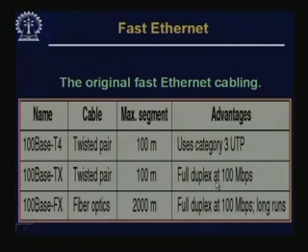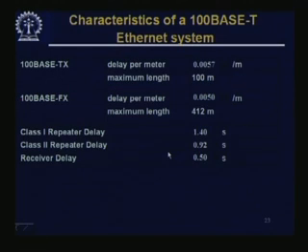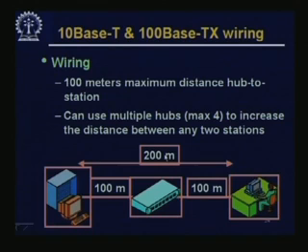The advantage of T4 is that it uses existing category 3 UTP if that is already there and you want to use that. So these are the repeated delays of that, we need not bother. With 10BASE-T and 100BASE-TX wiring, the wiring goes like this: from the end station, 100 meters is the maximum distance from hub to station.